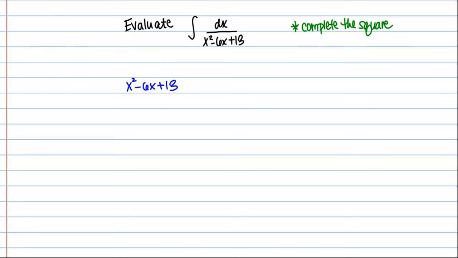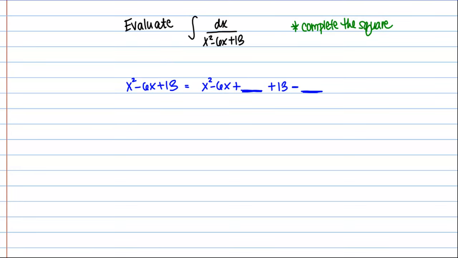Okay, so this is how it's going to work. I've got x squared minus 6x plus, and I'm going to add something here. Some special magical number that's going to make this all work out really nicely. But so that I don't change the expression, I'm going to have to end up subtracting that number as well.